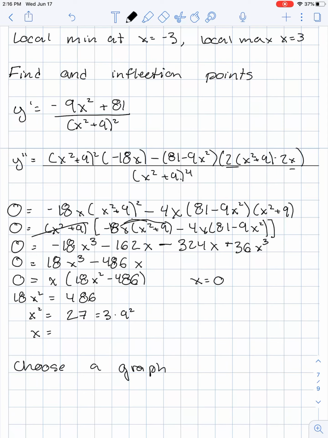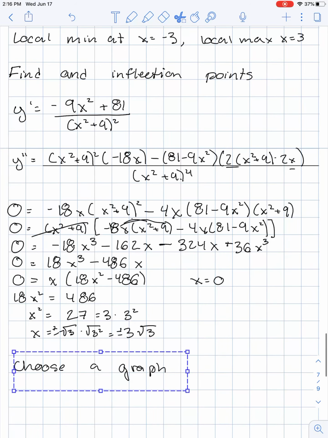So when I take the square root of that, that's going to give me the square root of 3 times the square root of 9, which is 3. And that's how I get plus or minus 3 root 3. So these are just all possible inflection points.